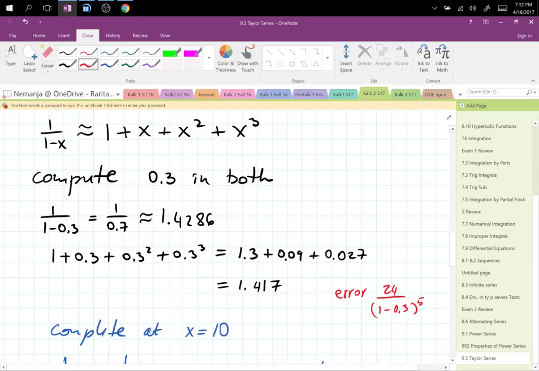So we are talking about 24 divided by, open parenthesis, 0.7, raised to the 5th power. Something is off over here, because my error is now 142.